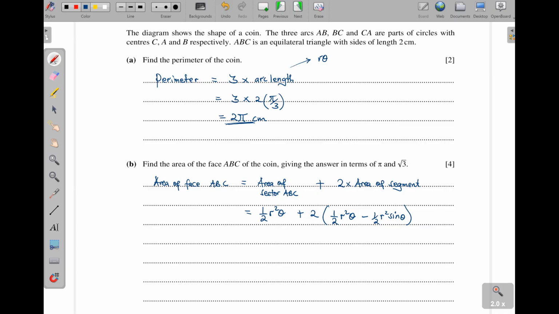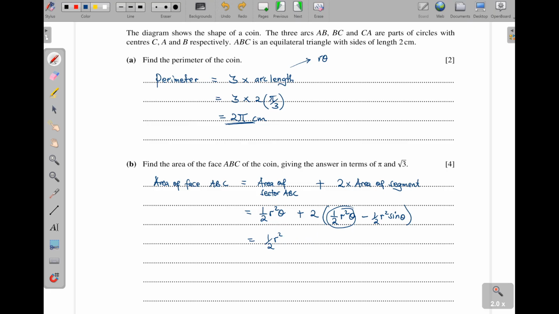Now, let's continue. I can actually first simplify the whole of this if I want. You can see that this one is actually common. So I can say a half r squared theta, then when I factorize it, this will be 1, then plus the 2. So that one becomes 3 over 2, right?